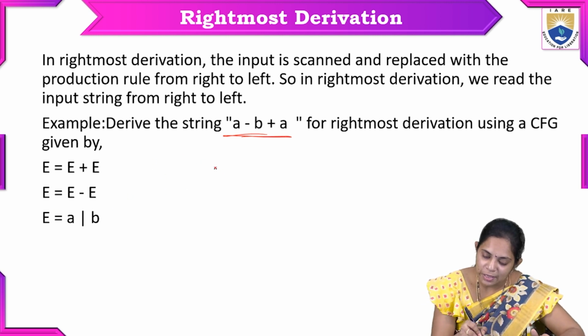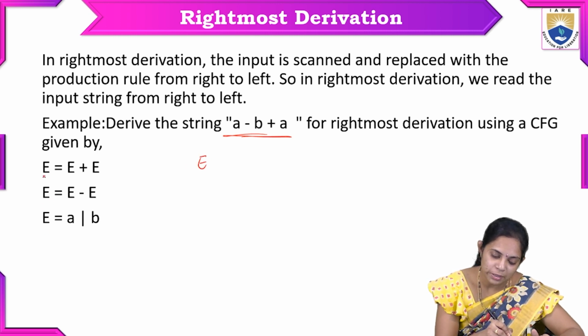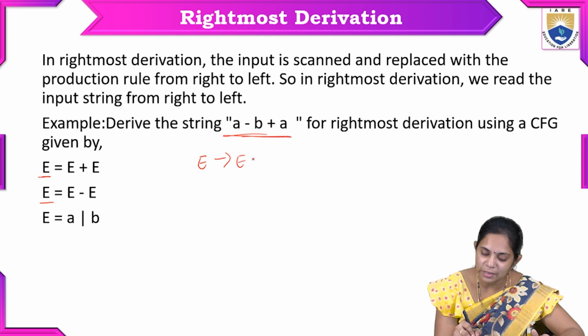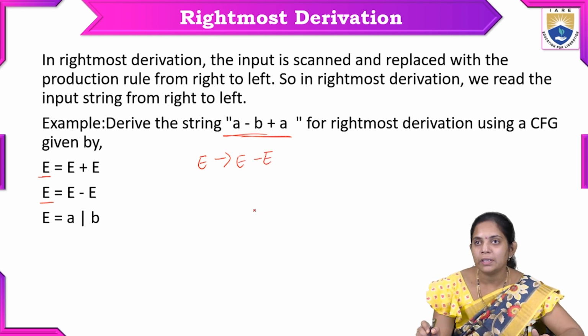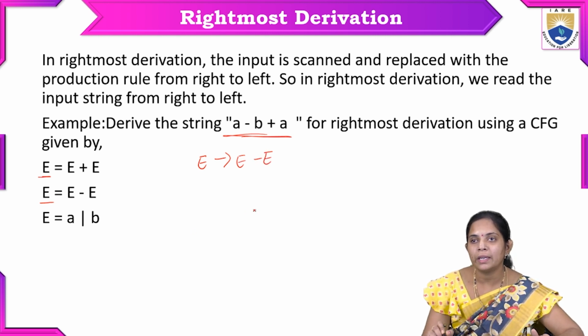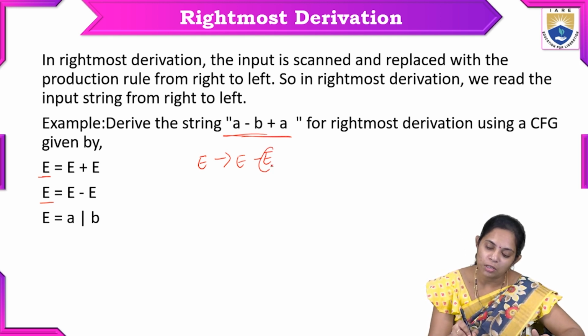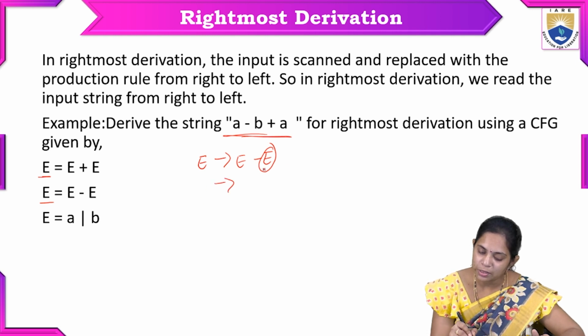In the first step there is the starting state E, so E tends to E minus E. Let me take E tends to E minus E. In the rightmost derivation, we have to replace the right hand side non-terminal first. Here minus is already there, and what we require is the plus symbol. So instead of this E, we replace E plus E.